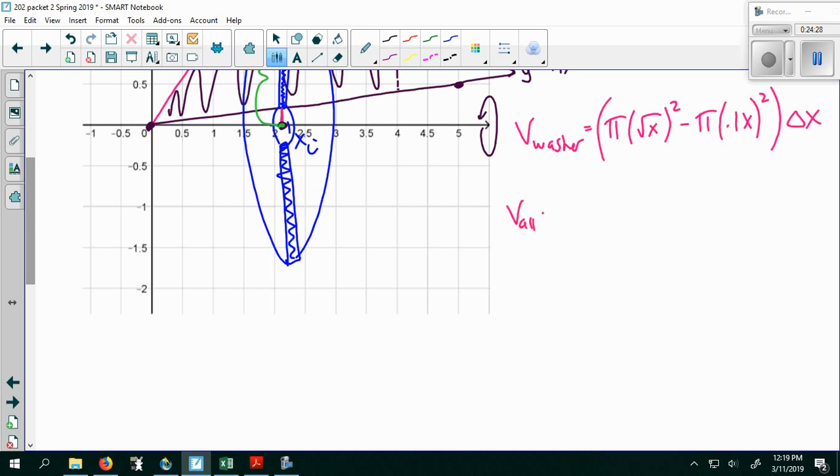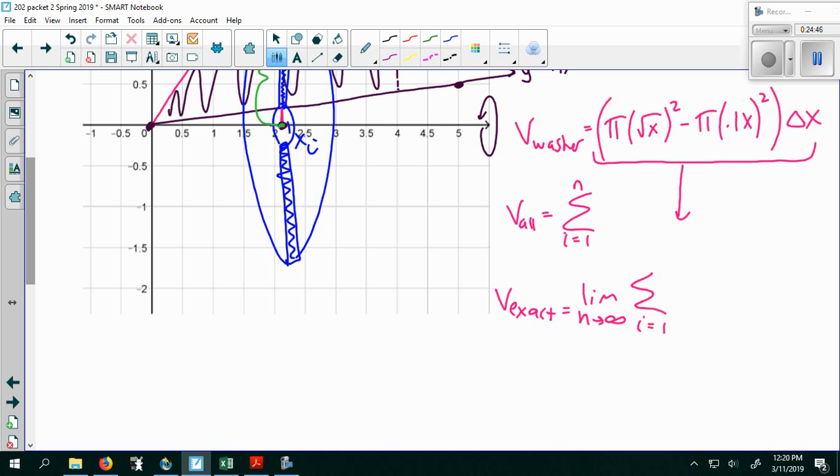So the volume of all the washers is the sum from i equals 1 to n, where each washer has that volume. And then the volume exact is the limit as n goes to infinity of the sum of all the washers, which is the definition of an integral.